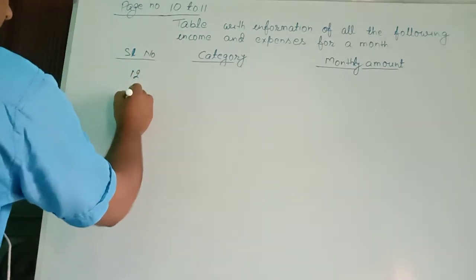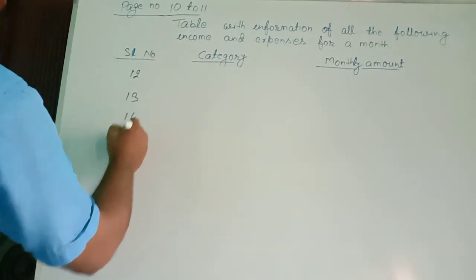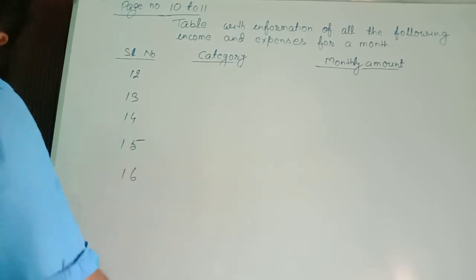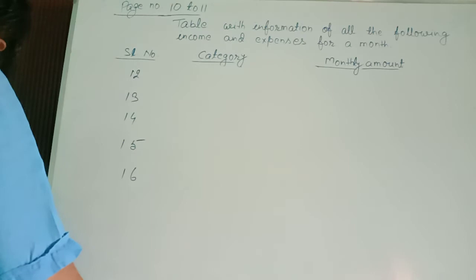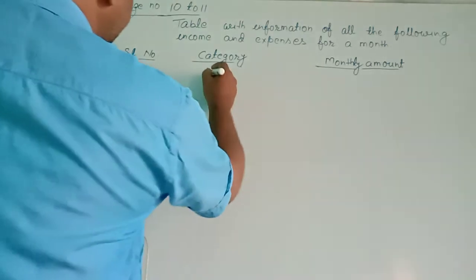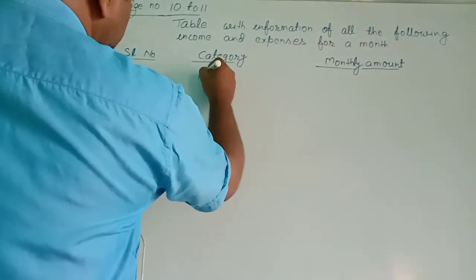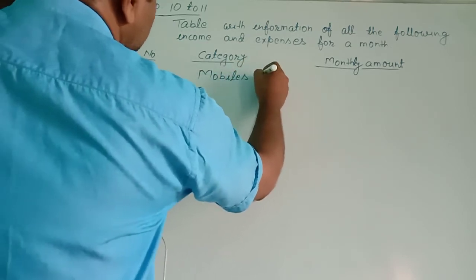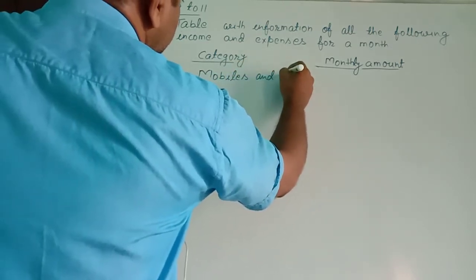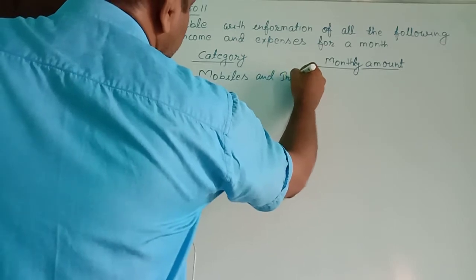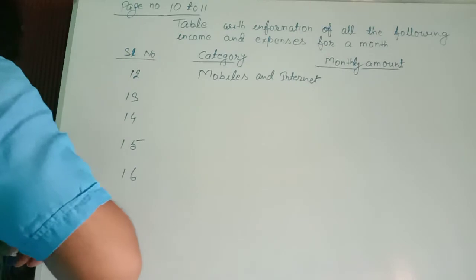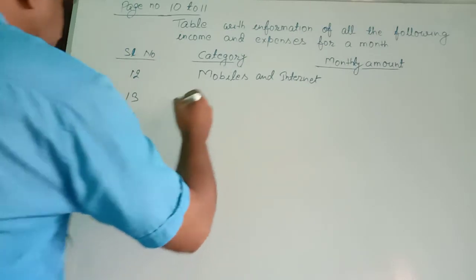Number 12 is mobiles and internet. Number 13, medicines.